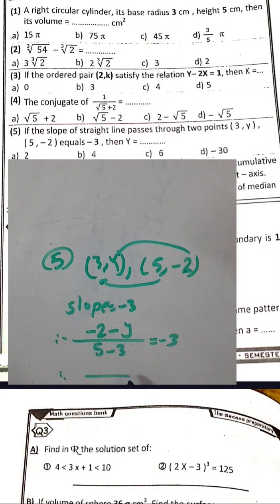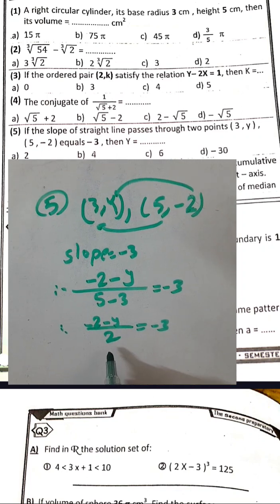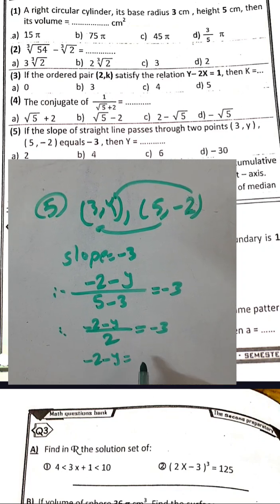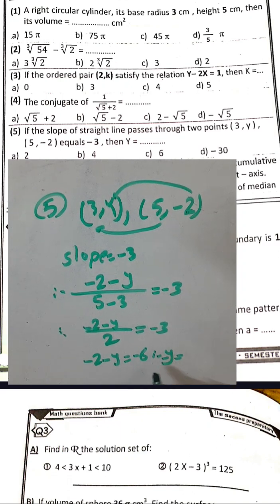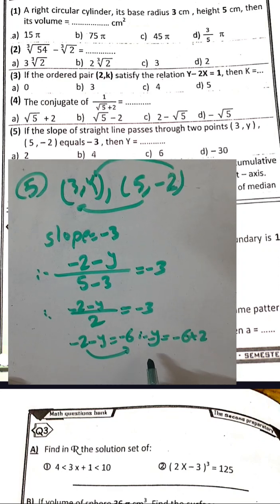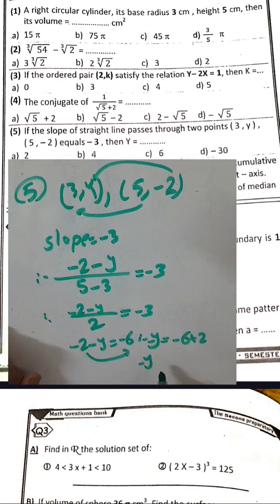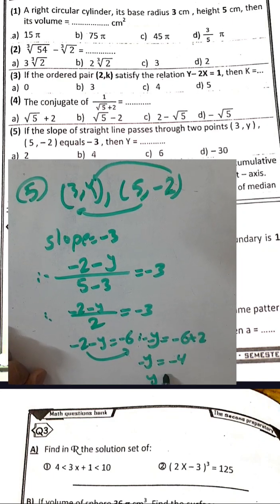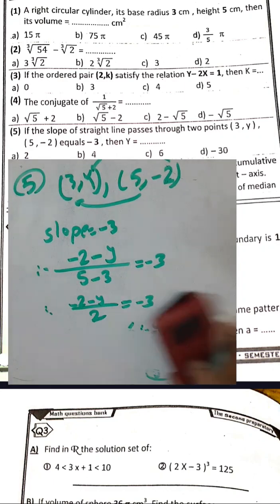Then negative 2 minus y over 2 equals negative 3. Then negative 2 minus y equals 2 times negative 3, negative 6. Then negative y equals negative 6 plus 2, so negative y equals negative 4. Then the value of y is 4.